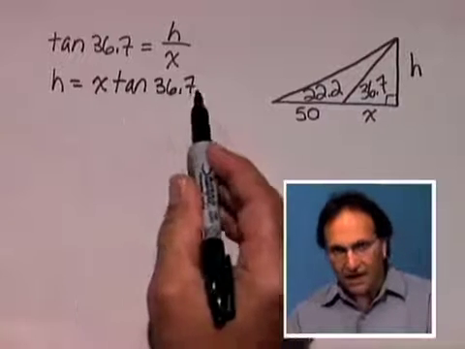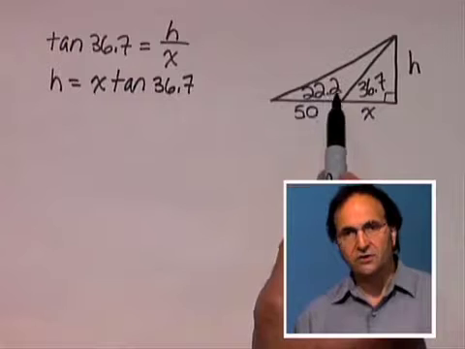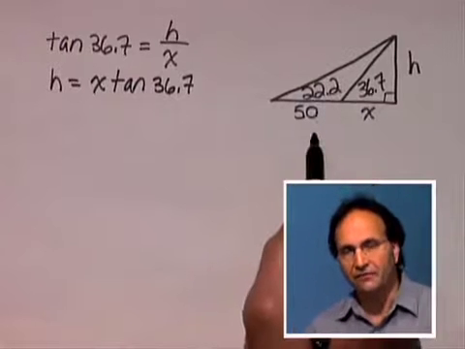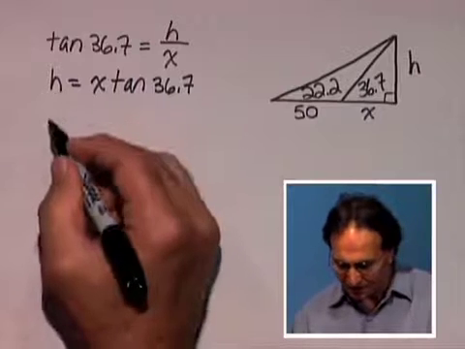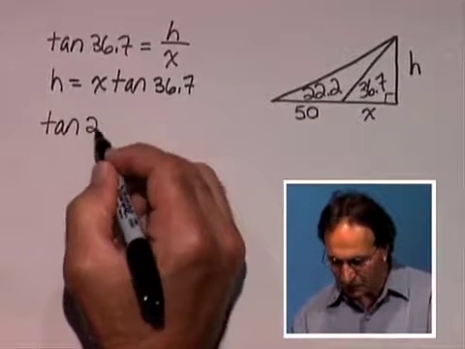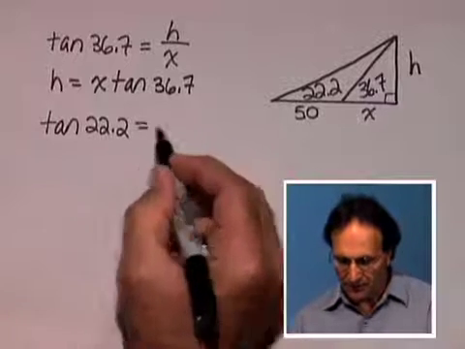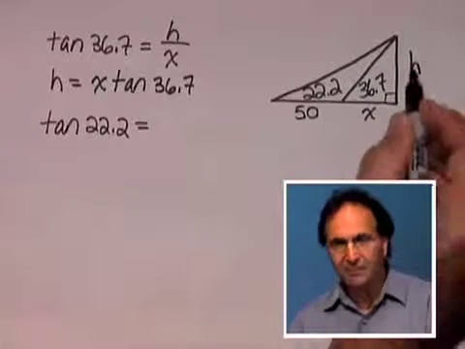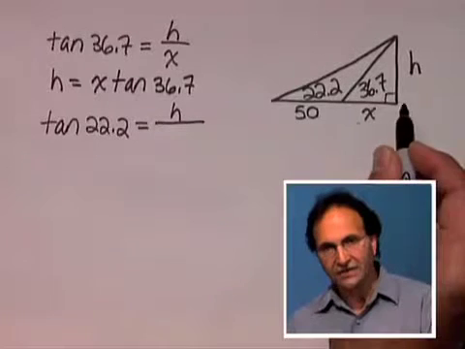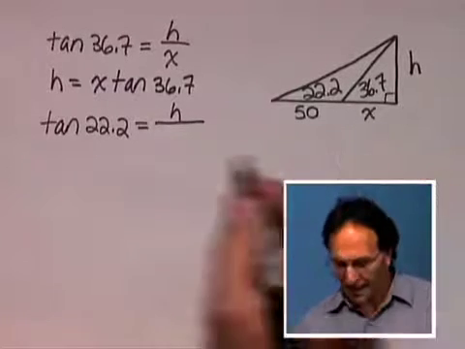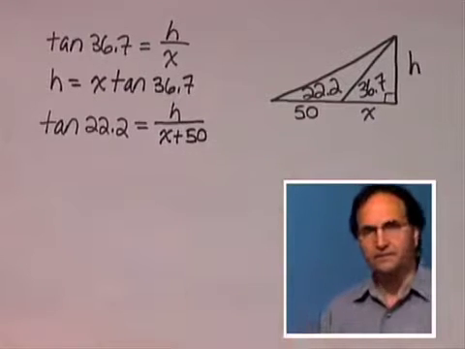Let's stop there and now look at the triangle that includes the 22.2 degrees as well as that 50, and do the same process. That is, find the tangent of 22.2 degrees. That would be equal to the side opposite, h, divided by the side adjacent, which is the sum of x and 50, so x plus 50.